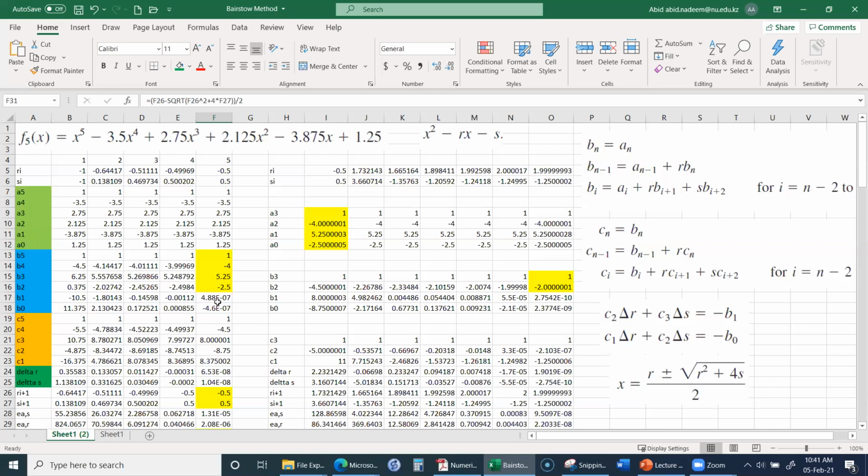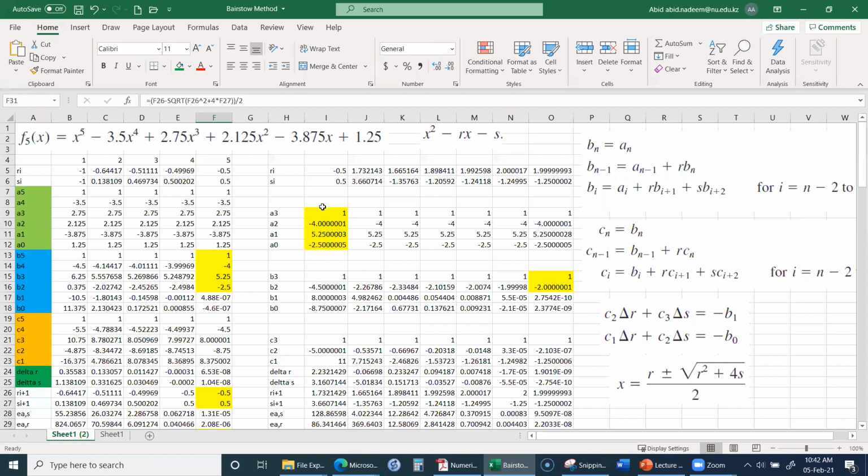These coefficients will be the same as the coefficients b2, b3, b4, and b5 in the last iteration. So we will copy these coefficients, 1, 4, 5.25, minus 2.5, to here. You can see that these are not very exact because this is a numerical method; there is a certain round-off error over here, so we will input with these round-off errors.